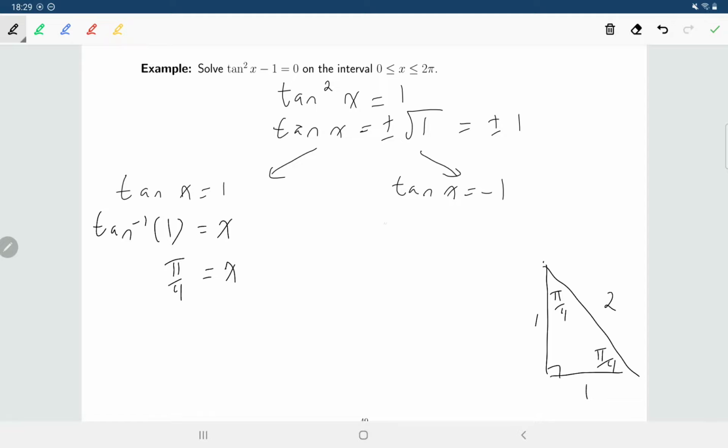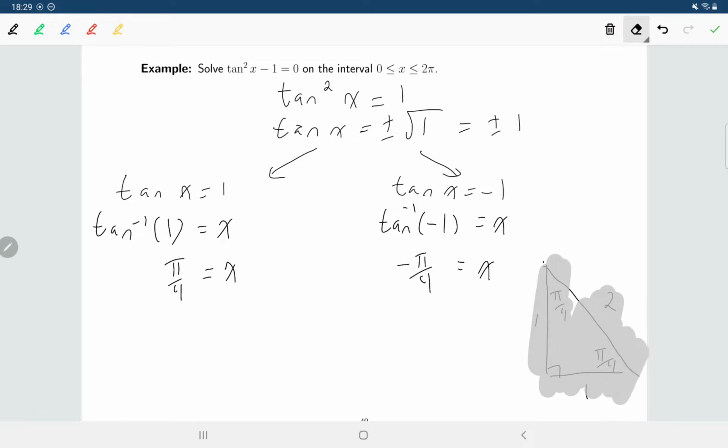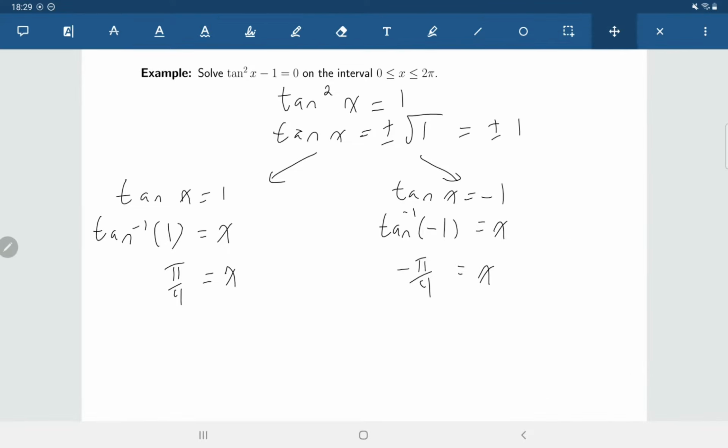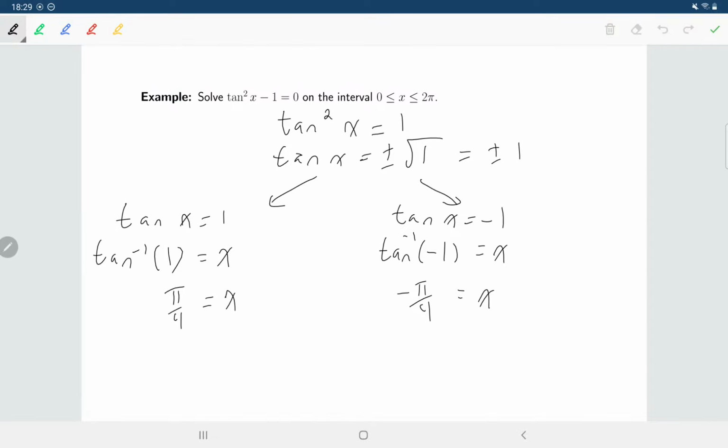And similarly, for tangent of x being equal to -1, you come up with the solution of negative pi over 4. Tangent of negative pi over 4 is -1. Now, again, once we've come up with these values, we're not finished. We still need to think about the interval of solutions that we're looking at and how do our numbers fit into it.